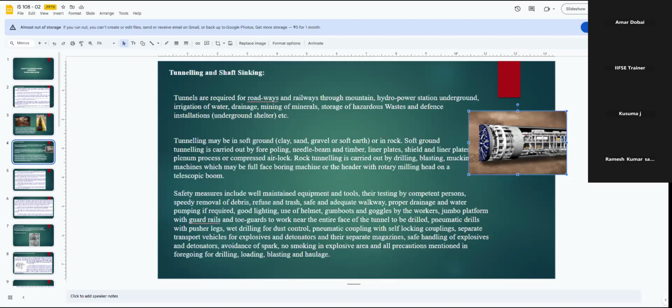Such is the low availability of light within caves. So there we need to provide proper lighting in that area. Then we have use of helmet, gumboots and goggles by the workers.